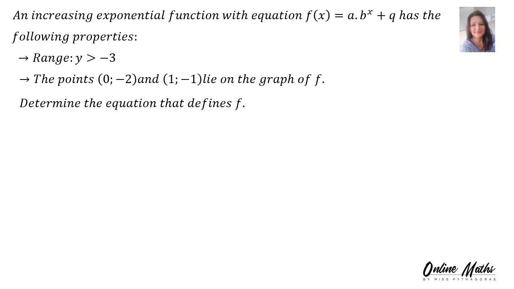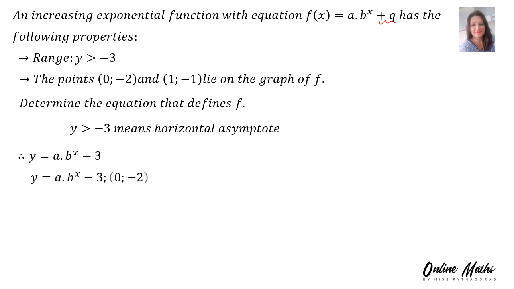The points (0, negative 2) and (1, negative 1) lie on the graph of f. Determine the equation that defines f. So we will start with y is greater than negative 3 means it's the horizontal asymptote. Therefore, in q's place, we can substitute negative 3.